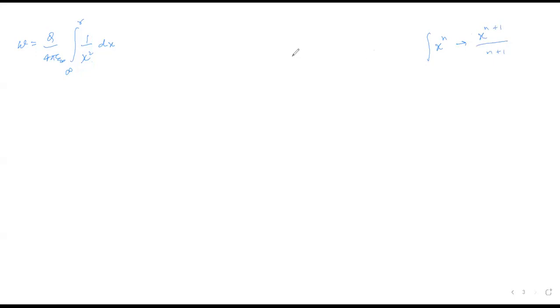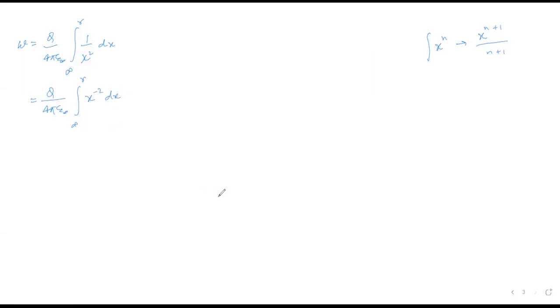So first we change this function into the standard form, and we get Q over 4 pi epsilon naught integration of infinite to R x to the power minus 2 dx.